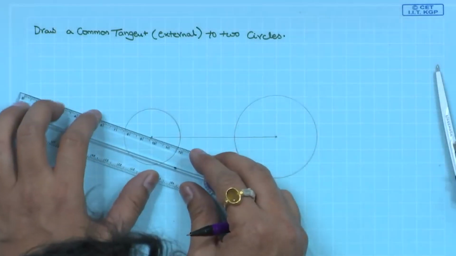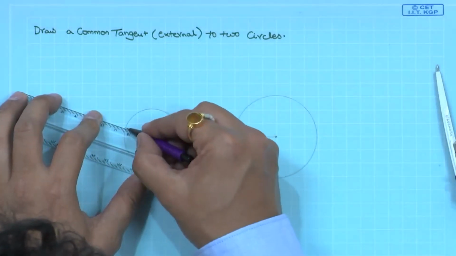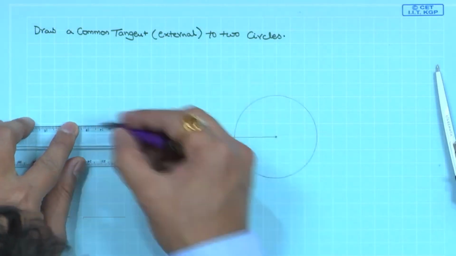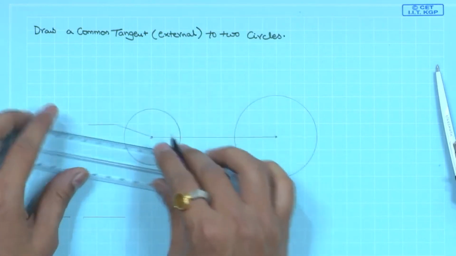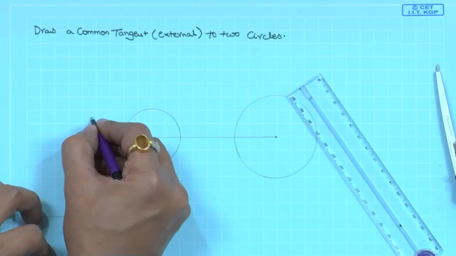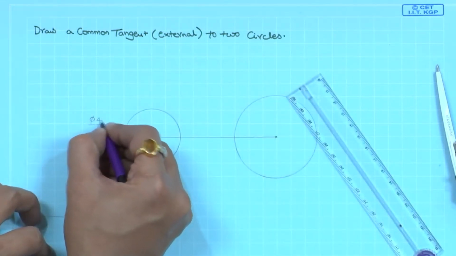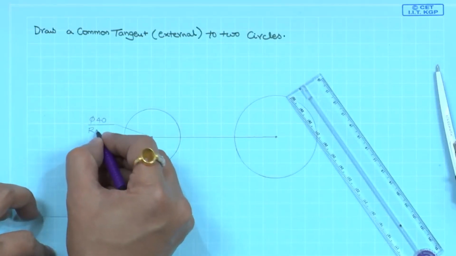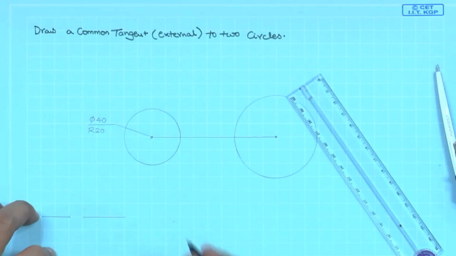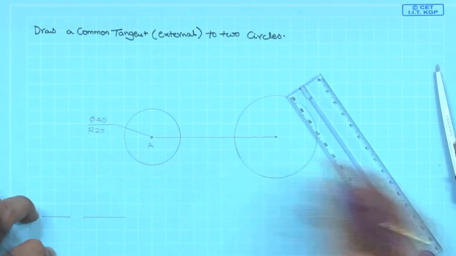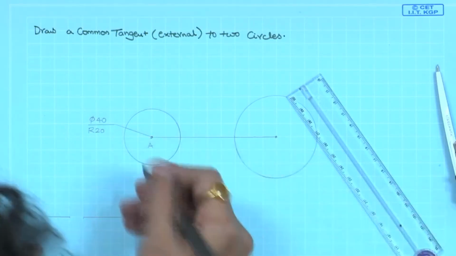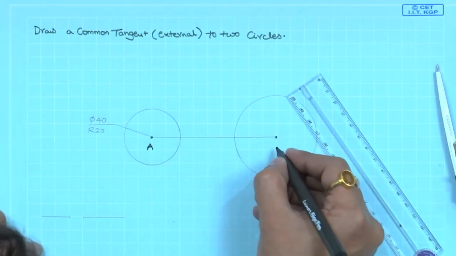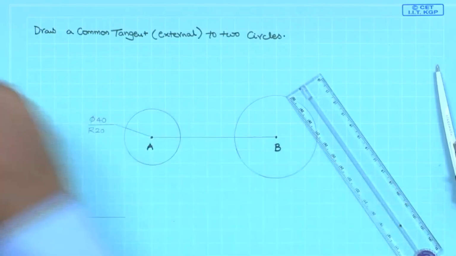Let us name this. The standard convention is representing phi 40 mm. So, we are not writing any mm, otherwise it is a radius of 20 units. Let us call this point A, name it as A, this circle, and this one B.